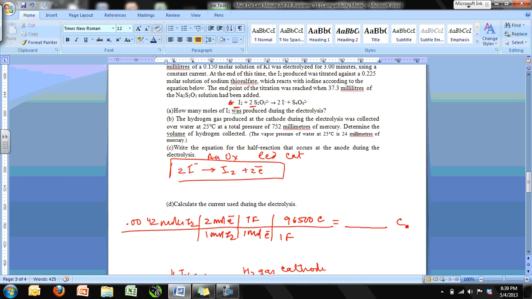I actually haven't done this calculation, so let me quickly punch in the numbers: 0.0042 times 2 times 96500, and that gives you 810.6 coulombs. And you know Q is equal to I times T.